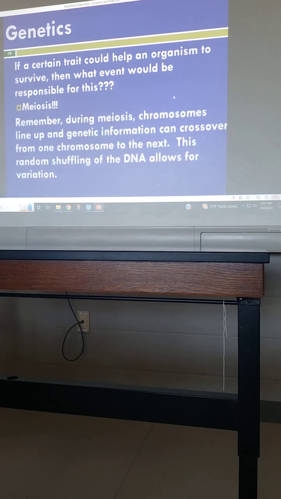And it's during that meiosis process that chromosomes line up and genetic information can cross over. And so we saw that in one of the videos. They called that crossing over, where one section of a chromosome went over to another chromosome and flip-flopped. It's kind of like the shuffling of the deck. And so this shuffling allows for genetic variation, right?